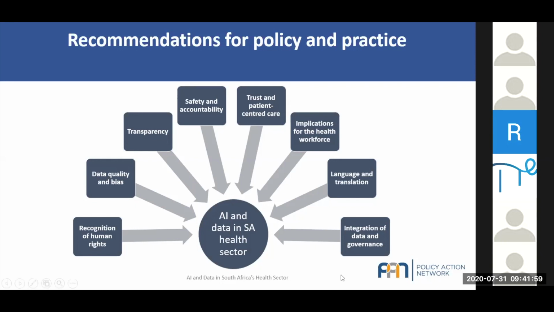We also need to talk about, I'll come back to language now, but the integration of data and governance. And so this builds on from the National Health Strategy, where we need to ensure that the benefits of this technology are almost ensured by making sure that data is harvested and integrated between healthcare facilities and shared across the board, and that this sharing is done through standardized governance and standardized regulation. And lastly, we need to look at the implications for language in South Africa.